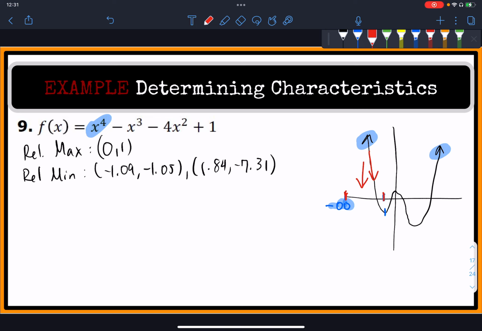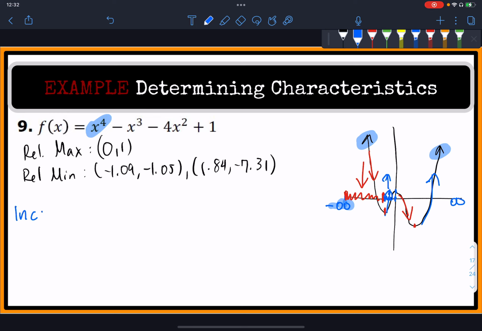And because the turning point just switches direction, in the next section, until we get to this turning point, the graph is moving upwards. It changes direction to go down until it reaches this minimum point there, and then changes direction and moves up all the way towards positive infinity.